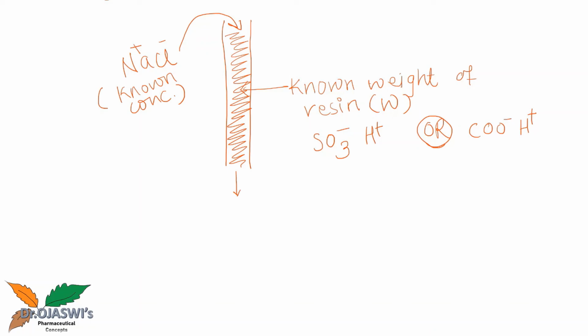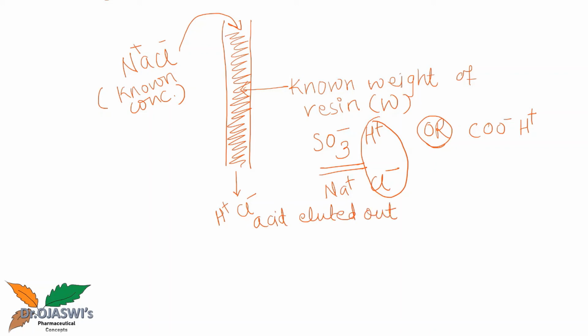Now imagine when we add Na plus Cl minus to the column, on the column itself we have SO3 minus and H plus. So this H plus and Cl minus will be removed, and Na plus, which of course has more affinity for SO3 minus, will go and bind to it.